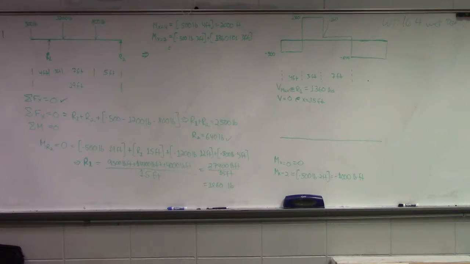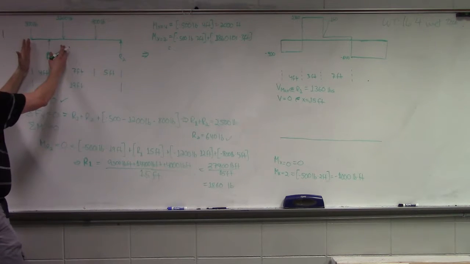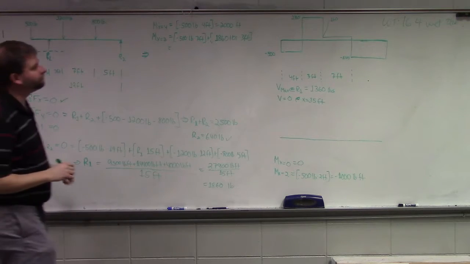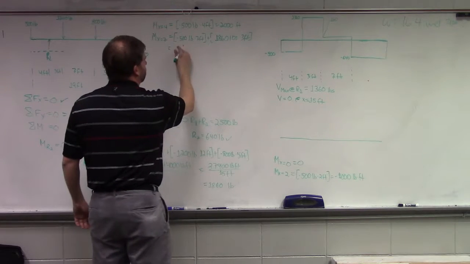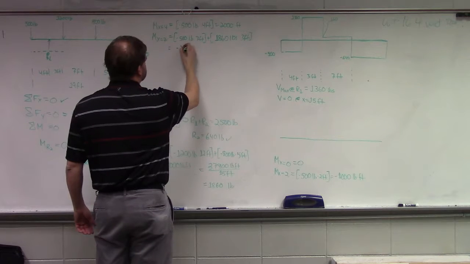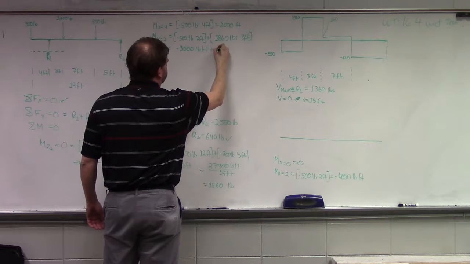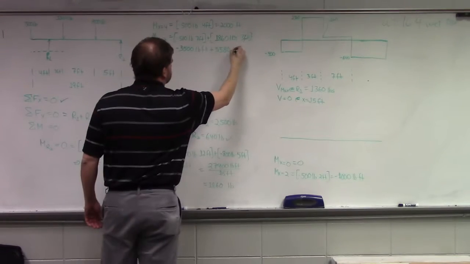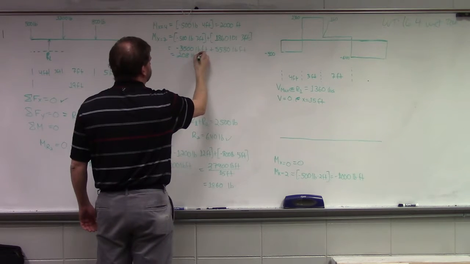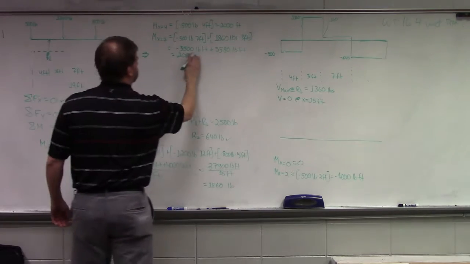At 7 feet, you're out here, and R1's over here. It's pushing up, so that makes it positive. Think about it rotating. Plus 5580, so 2080 pound-feet.